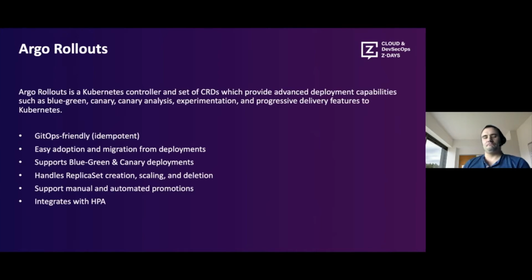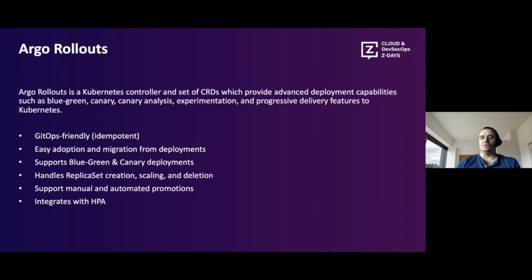It provides some custom resource definitions for you, like Rollout, and you could use these Argo Rollouts definitions to deploy Blue-Green or Canary deployment. And under the hood, this operator manages your replica set creation, scaling, deletion, label management, switching traffic, and so on. It also supports horizontal pod autoscaler.